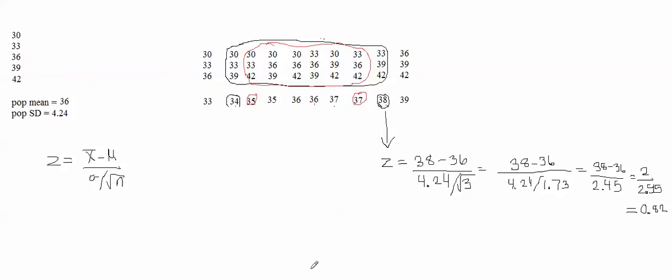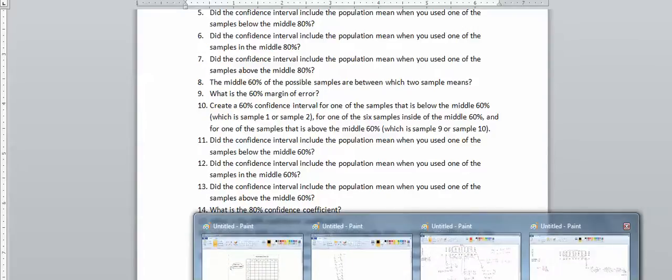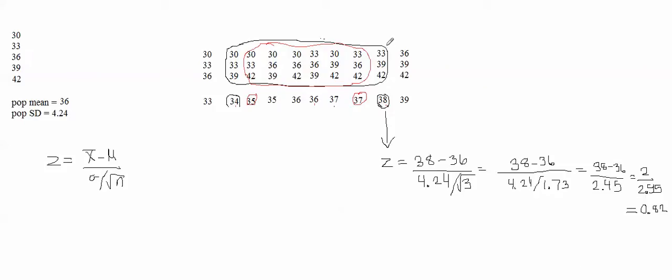So this is our answer to question 14, 80% confidence coefficient. To do this question, all we have to do is find the upper edge of the middle 80%, which is the upper end of this black circle.